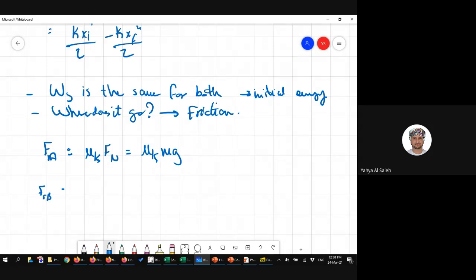Friction for B will be mu_k F_n, but for it will be mu_k 2mg, which means that one block will go twice as far away as the other. Yeah? So pretty much everyone was correct.